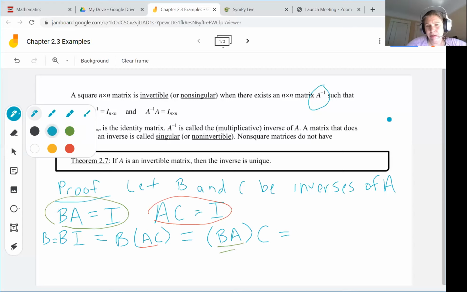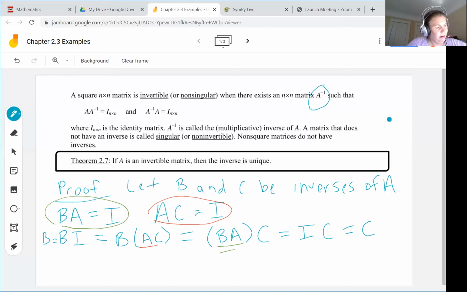So then this is just the identity matrix times C, which is matrix C. So therefore, that implies, I'll use the double arrows to show that implies, that matrix B equals matrix C. So the inverse of matrix A is unique.